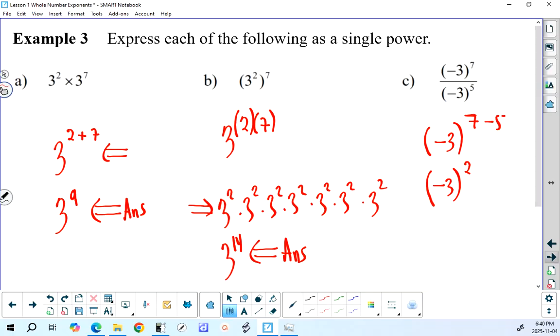And although we aren't asked to evaluate this, you should know that a negative squared will give you a positive, so there's nothing wrong with writing 3 to the 2. Negative 3 to the 2 means negative 3 times negative 3, which will give you a positive. So it's positive 3 to the 2. This is our answer.